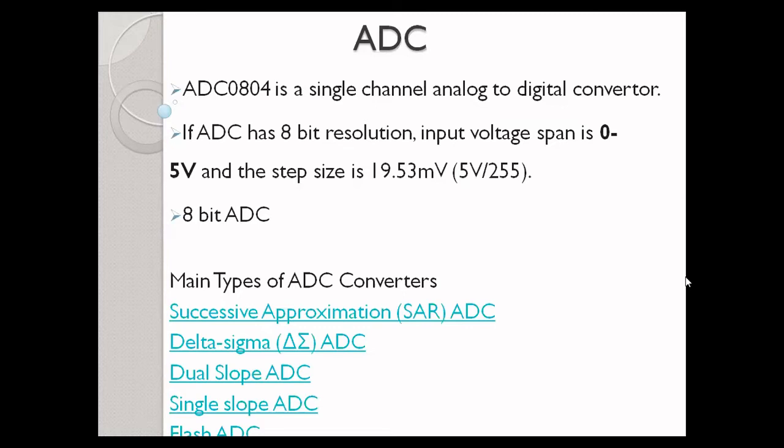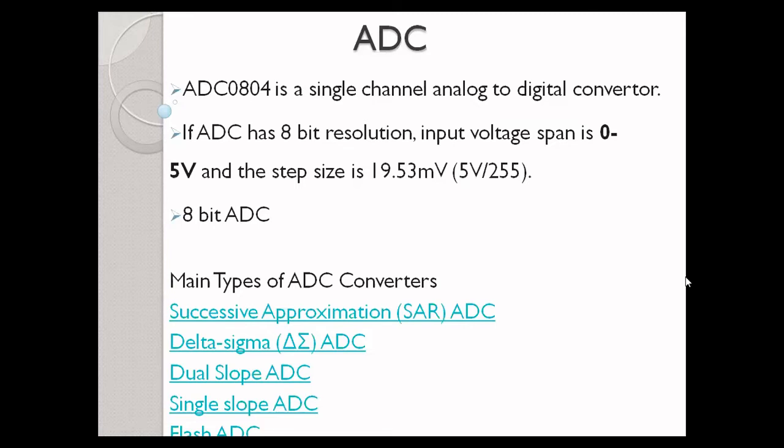So today we are going to study about ADC 0804. There are a lot of types of ADCs available. One is called successive approximation type, delta sigma, dual slope, single slope, and flash ADC. These are the first 5 types of ADC.